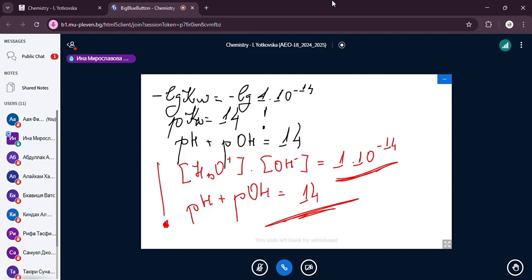Make a difference when we speak about concentrations and when we speak about logarithmic values. Without this, I'm sure that Professor Stoyanova told you, but without this, you won't pass the chemistry exam.